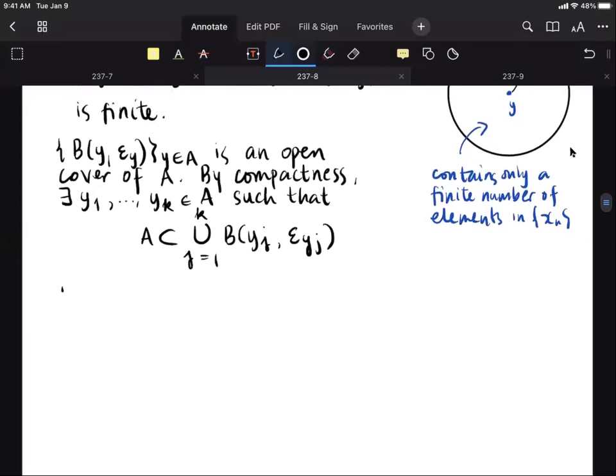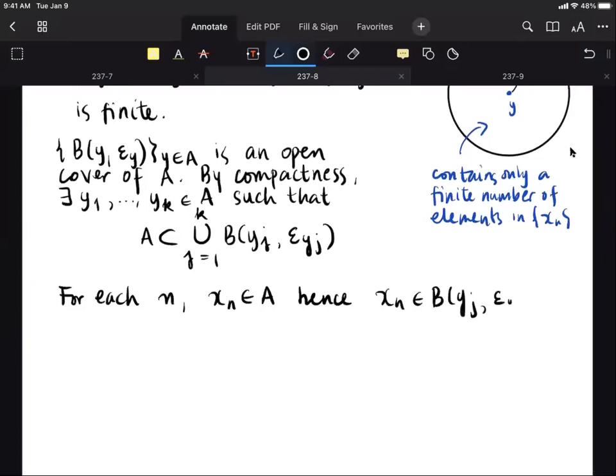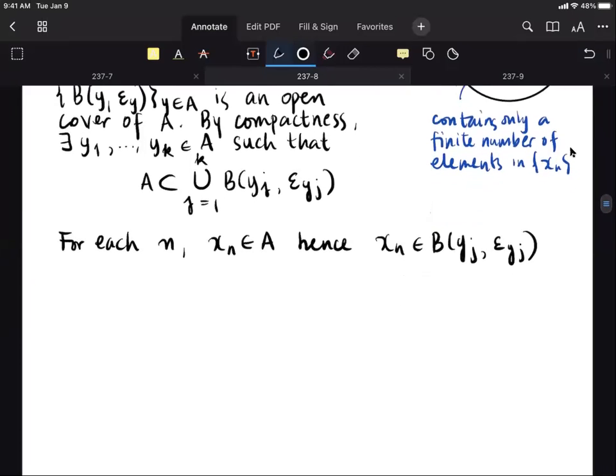Now, for each n, we know that our sequence is in A, so xn is in A, hence xn must be in some ball, for some j from 1 to k.